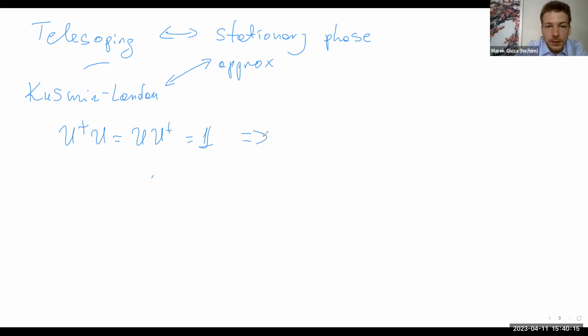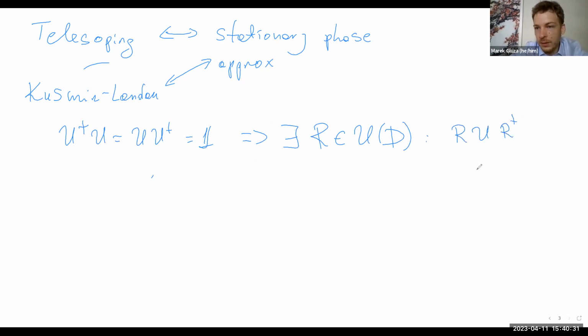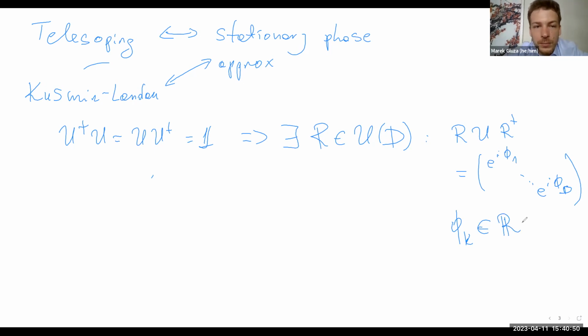So there exists an operator, let's call it R, which is again unitary, such that R U R dagger is a matrix of the form diag(e^{i phi_1}, all the way until e^{i phi_d}), d the dimension, and phi_k is real. Okay, so the spectrum of unitary operators is only phases.